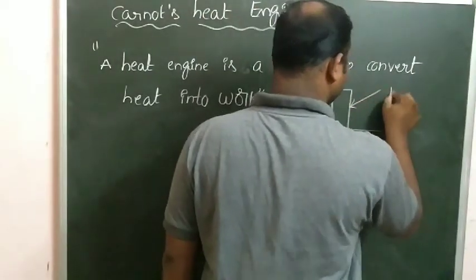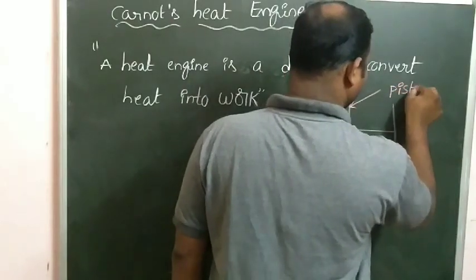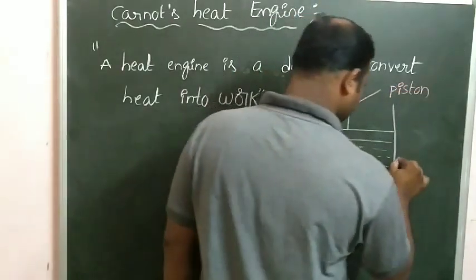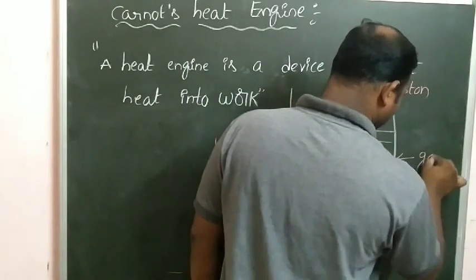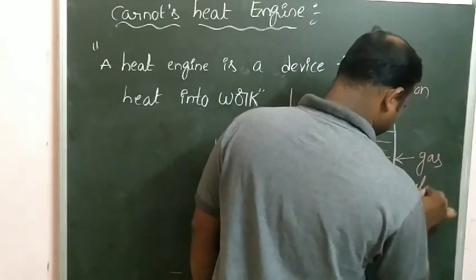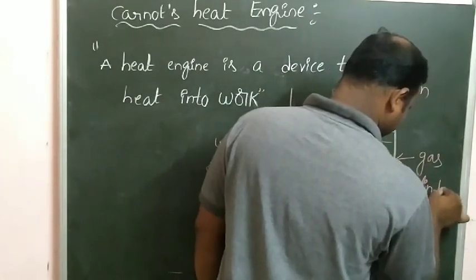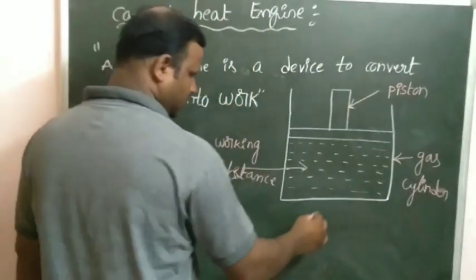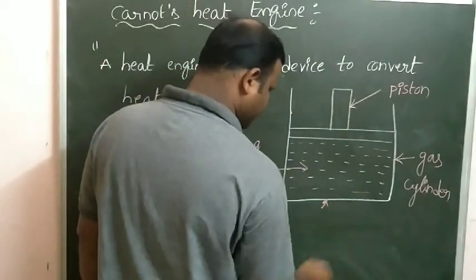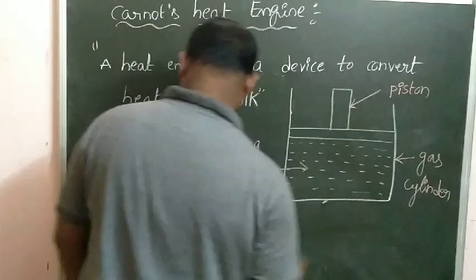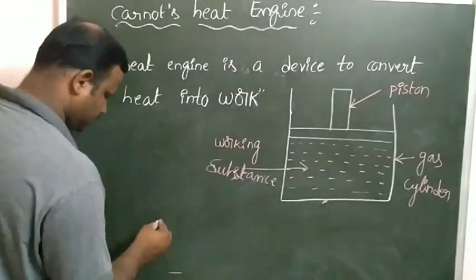This is the piston. This is the gas cylinder. This is the insulator. Okay, these three steps.